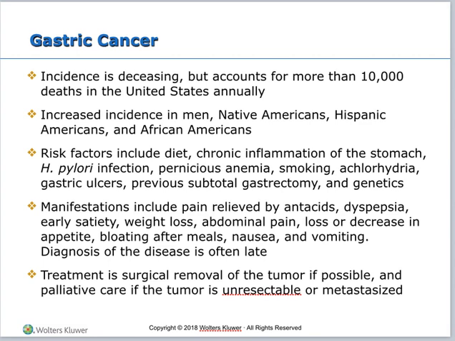There are some manifestations, and because the manifestations are kind of vague, they're very similar to gastritis or peptic ulcer. Diagnosis of the disease is often made late. The treatment is surgical removal of the tumor, if possible. If it's too large, they can't resect it, or if it's metastasized, palliative care is the treatment.